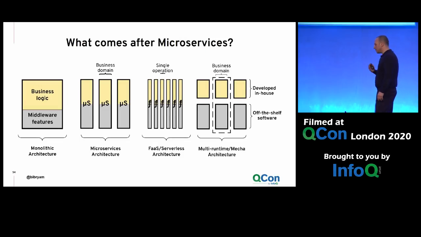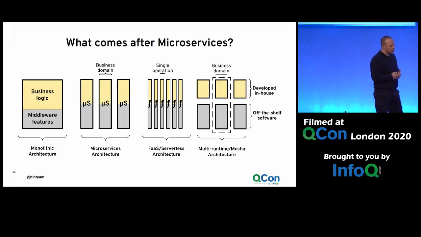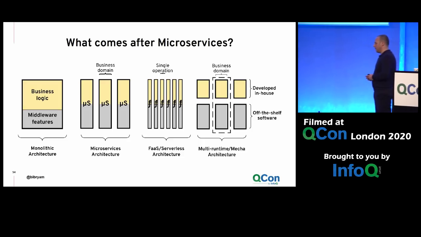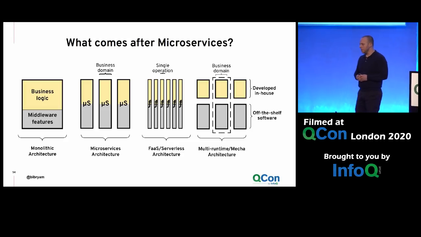And that brings me back to the original question I asked at the beginning: what comes after microservices? If we see how application architectures have been evolving at a very high level, this is a simplification, but hopefully you get the idea.